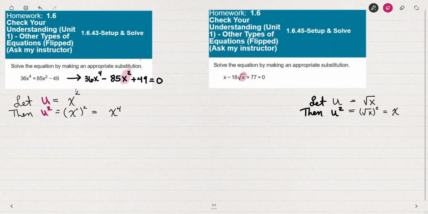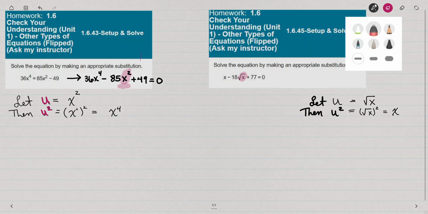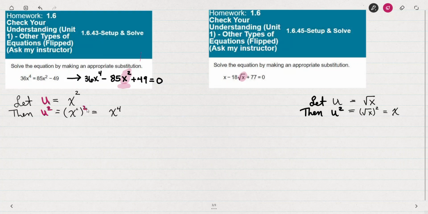Now here's how you can verify that that substitution of u equals x squared, that this x squared is the one that works. If I were to let u equal x squared, then I can see what u squared would be because I take the x squared and square it, and x squared squared is x to the fourth, and notice that that's what our lead term has, an x to the fourth.